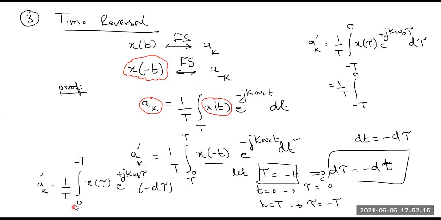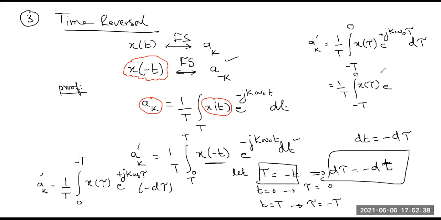In this expression, the interval of integration is from minus capital T to 0, and you can clearly see that this whole interval is equal to the time period. Let me write this expression in a form that will get us to the final result.